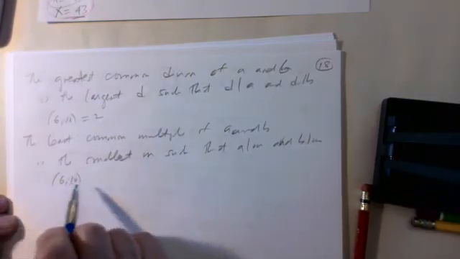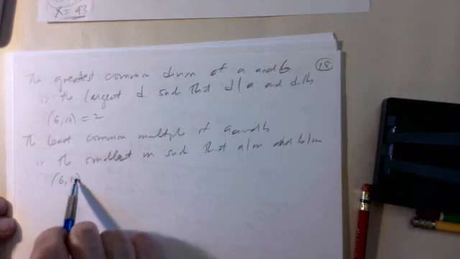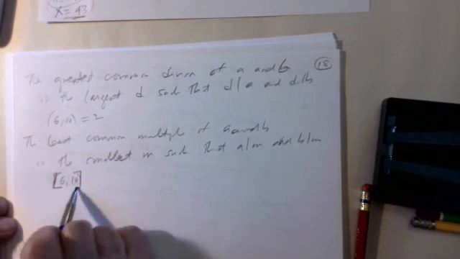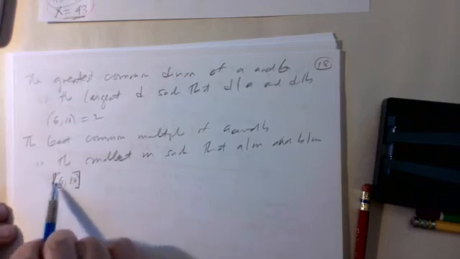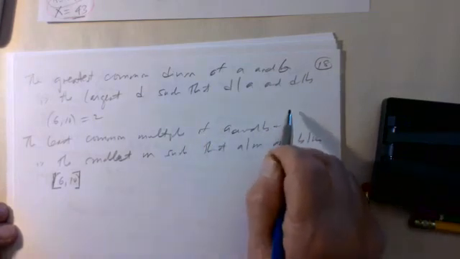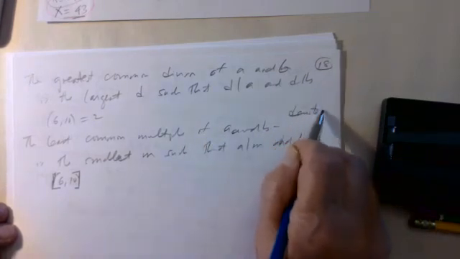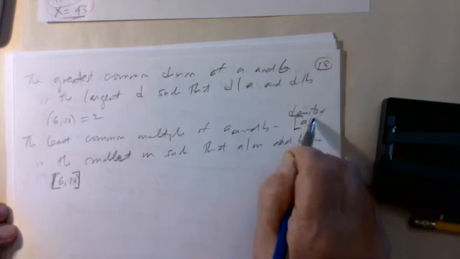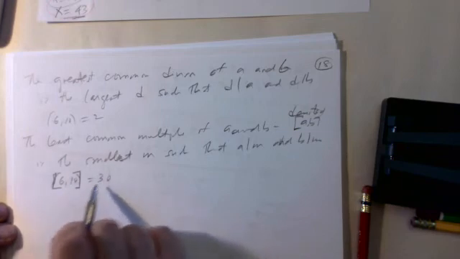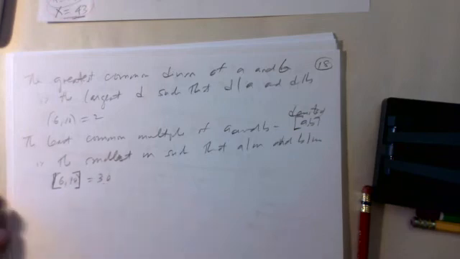So for 6 and 10, both of these numbers divide 60. So 60 is a common multiple. We denote the least common multiple by square brackets around the numbers. But 30 is a smaller number that's divisible by both 6 and 10. And 30 is the least common multiple.